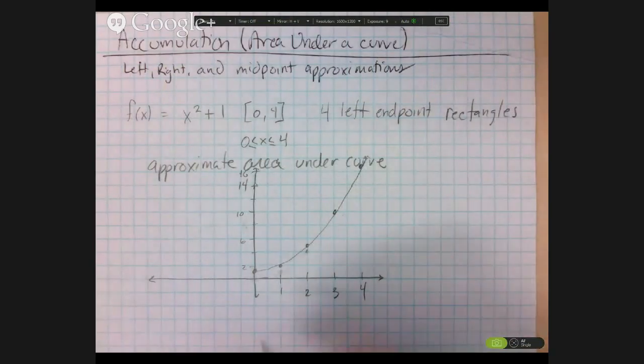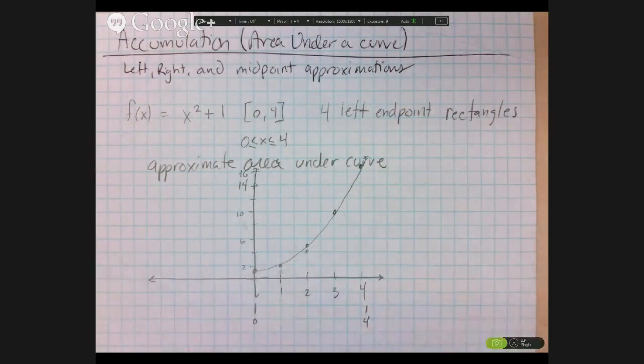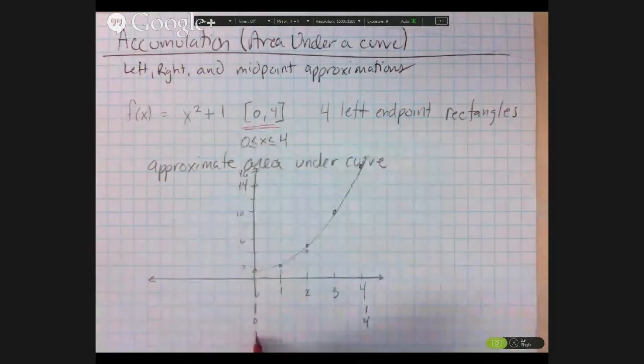And so you can see my interval goes from 0 to 4. That's what this is. 0 to 4 on the interval.